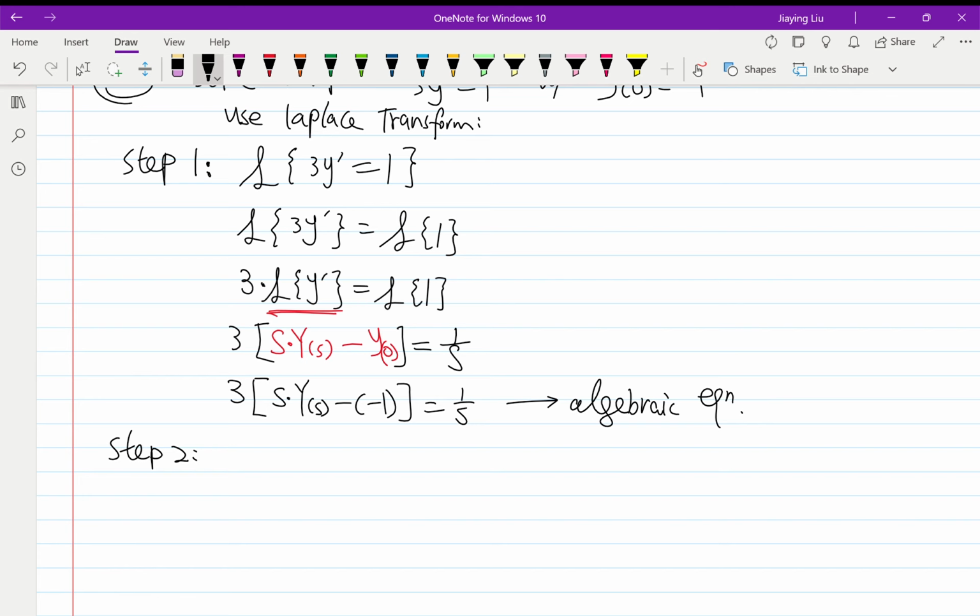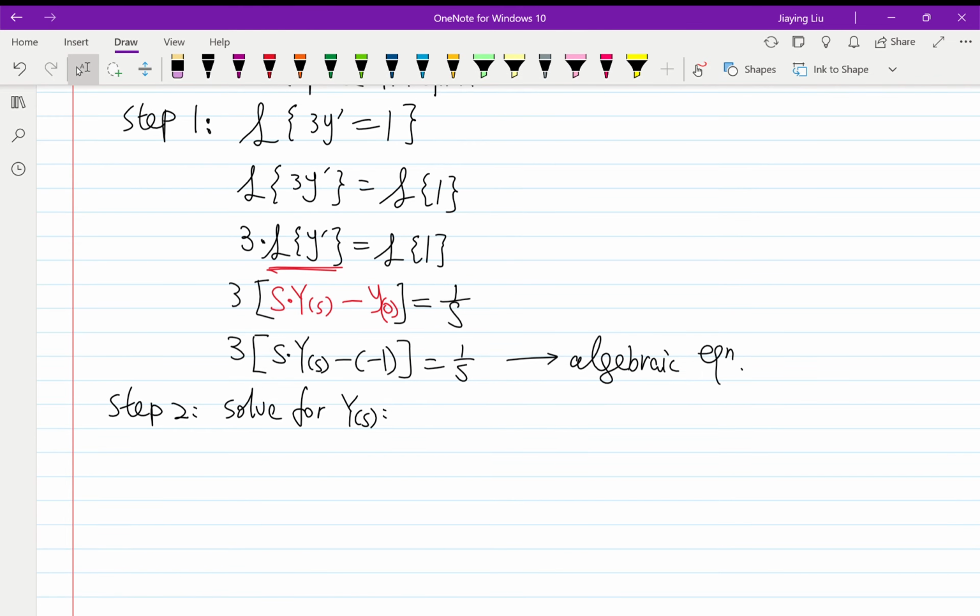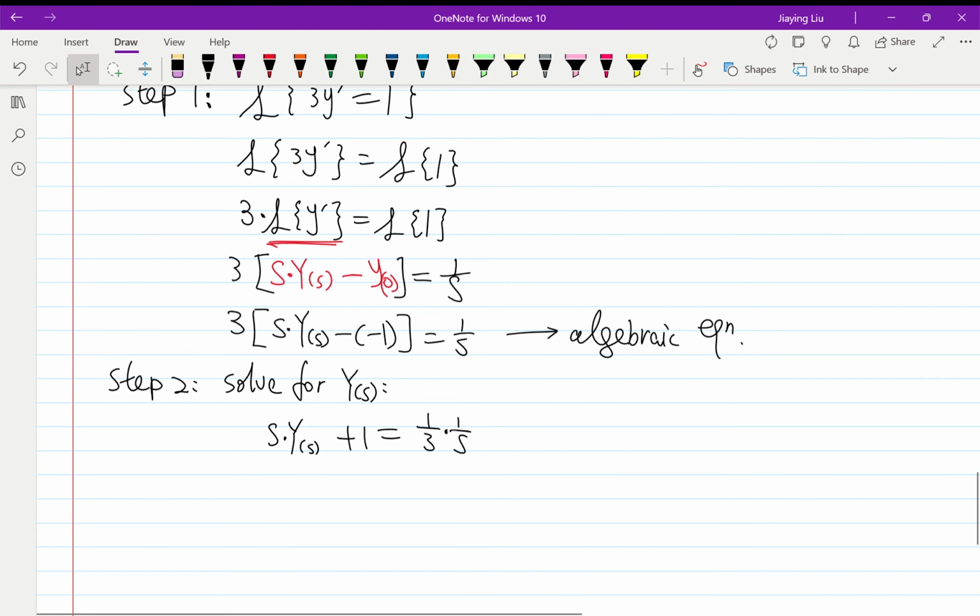And then we're just going to solve for the capital Y of s, because that's something we need at the end. So solve for capital Y of s. So I'm going to divide by 3 and then manipulate all the terms. So I get s times Y of s plus 1 equals 1 over 3, 1 over s, minus 1.